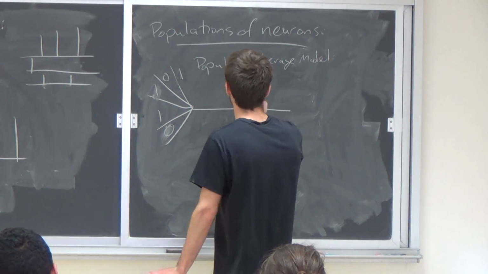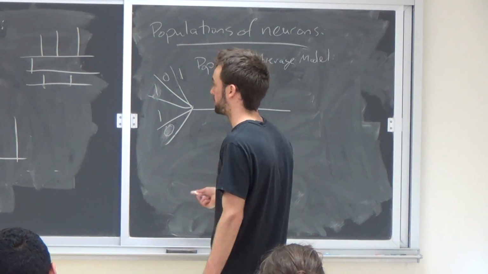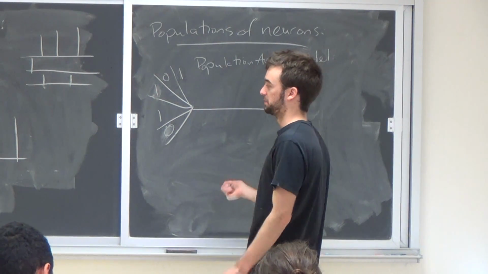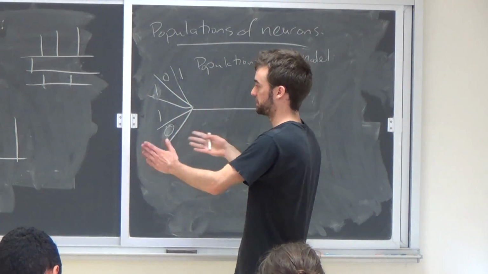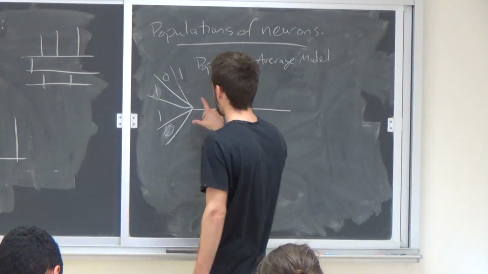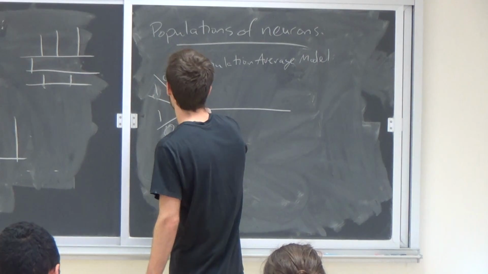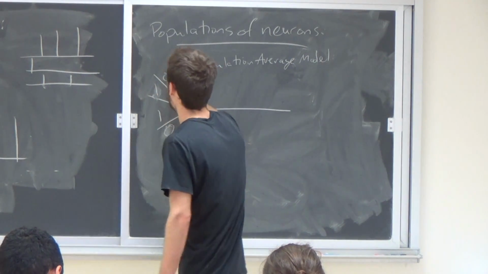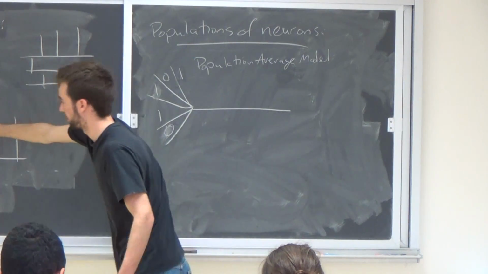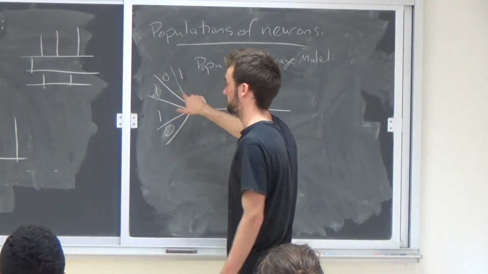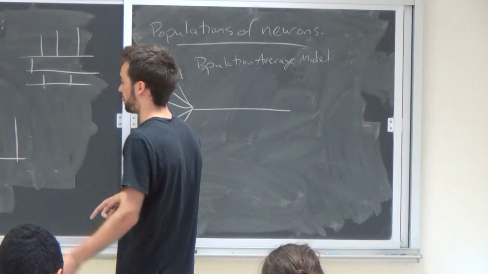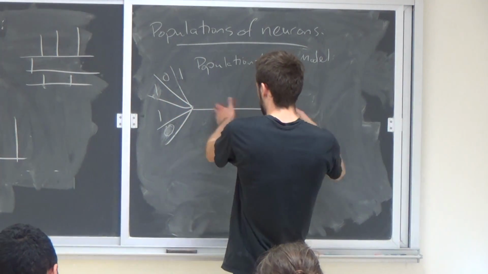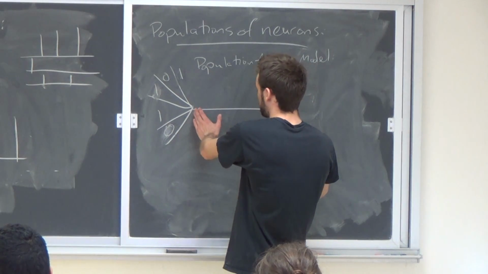So yeah, that was the first model I wanted to talk about. A lot of these things are related, and I'm presenting them as separate. But you can imagine the population average model, instead of looking at whether these guys are actually firing, computes the time difference, or the rate of each one of these, and then figures out its own rate.